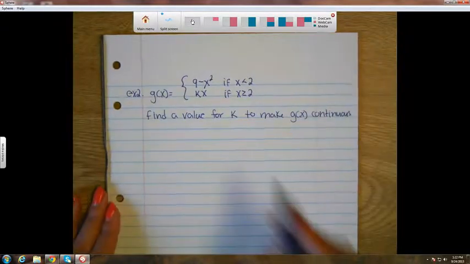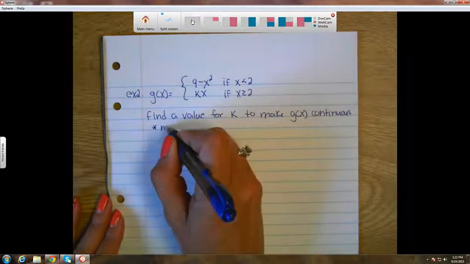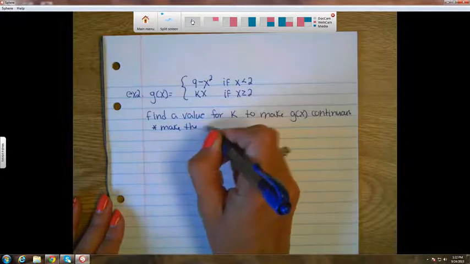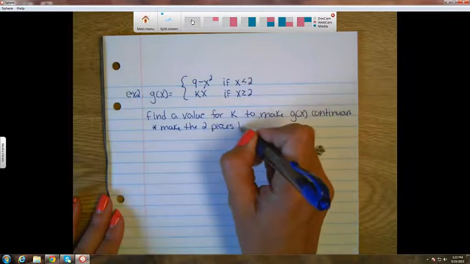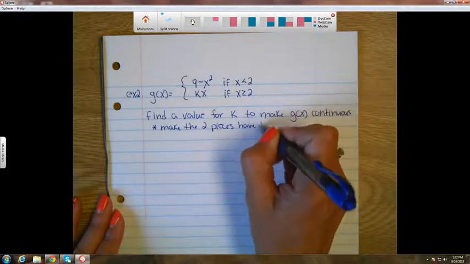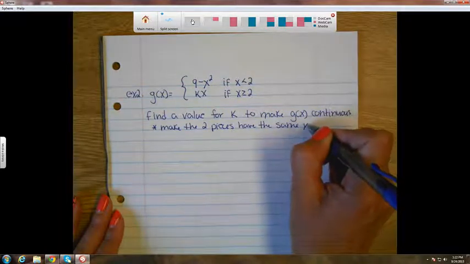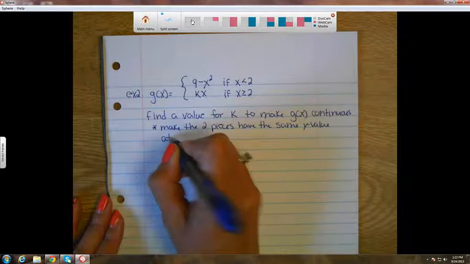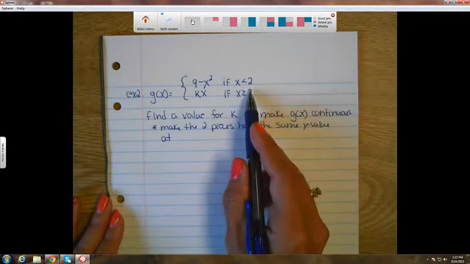So what you need to do is make the two pieces have the same y value for this problem, at the split in the domain here, the 2. So at x equals 2.